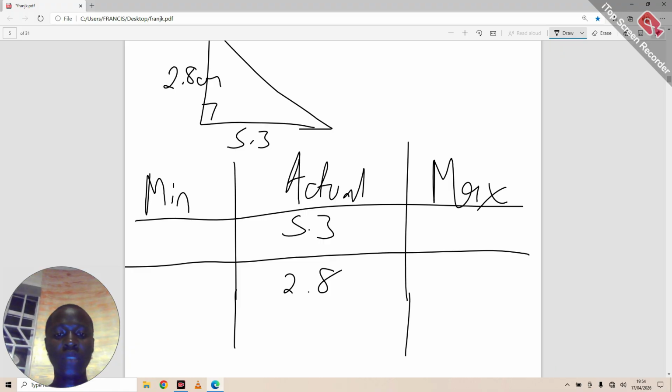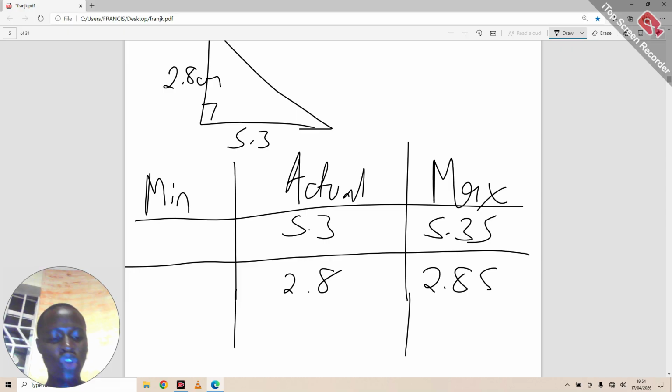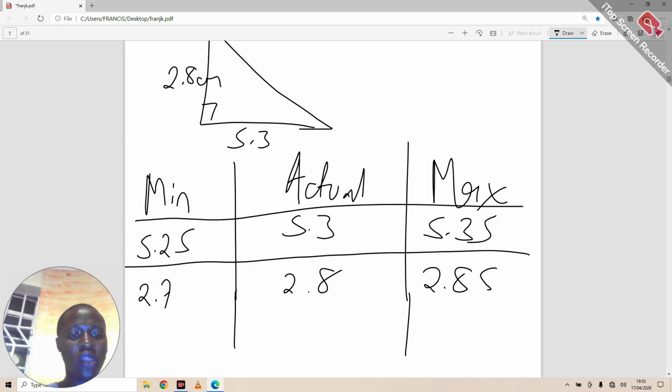So 0.1 multiplied by a half, that is 0.05. Now when I add that, I shall get 5.35 here and 2.85 here. Now when I subtract, on this other part I shall get 5.25, and on this other side I shall have 2.75.